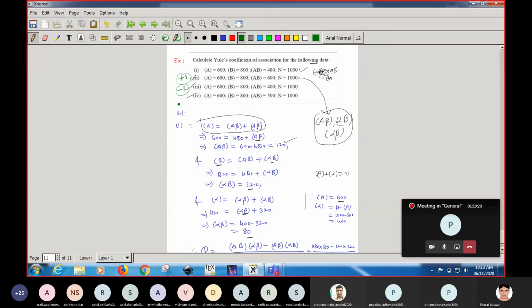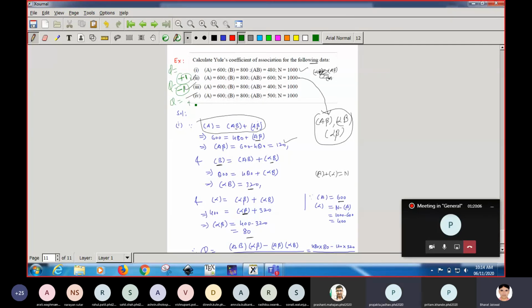Last one, the value of Q. 0.25. Is it positive?